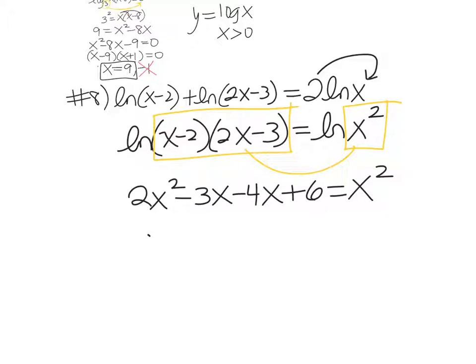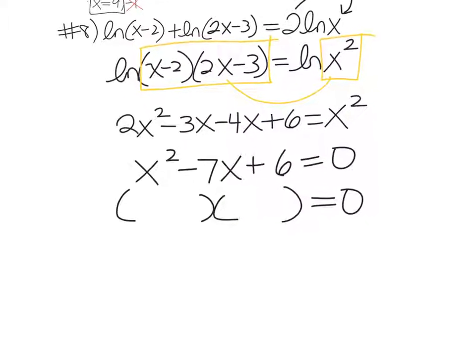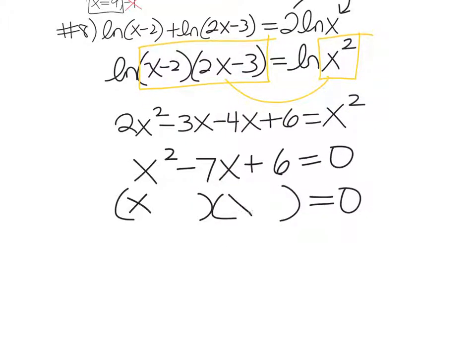So I have x squared minus 7x plus 6 equals 0. Once again, I made this into a really nice problem, or I found it. If it's not factorable, you would have to do the quadratic formula. Sometimes the book does that to you. I probably won't, though. And then you get what times what is 6 and adds up to negative 7 would be perfect.